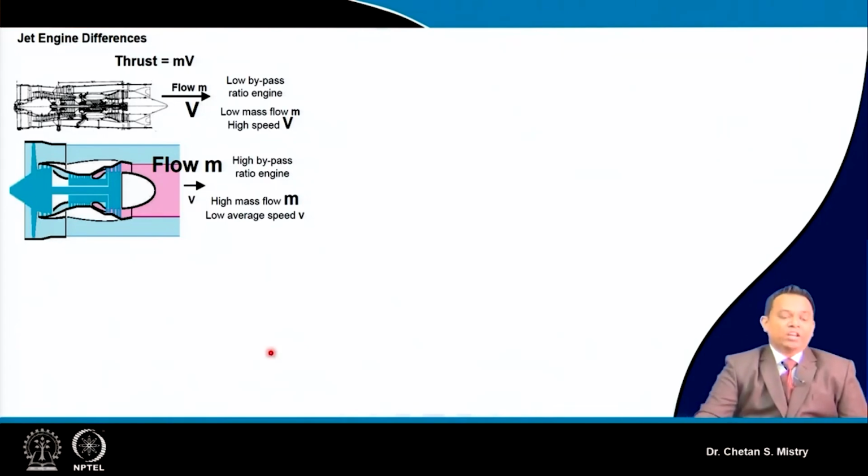Earlier we had turbojet engines where the thrust requirement was fulfilled by mass flow rate into exhaust velocity. If you recall, we discussed that thrust can be increased by increasing either the mass flow rate or the exhaust velocity.